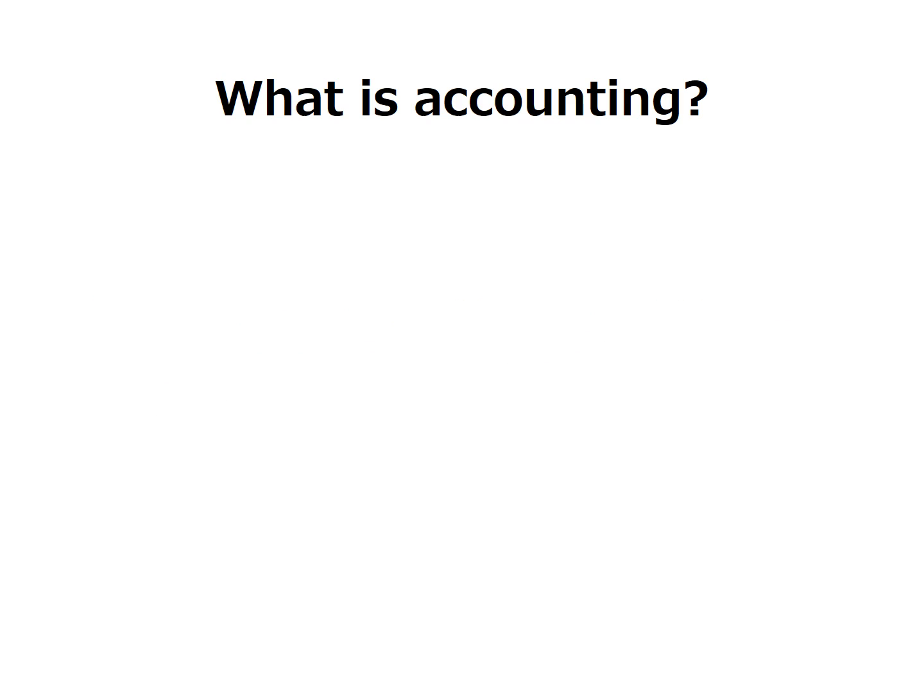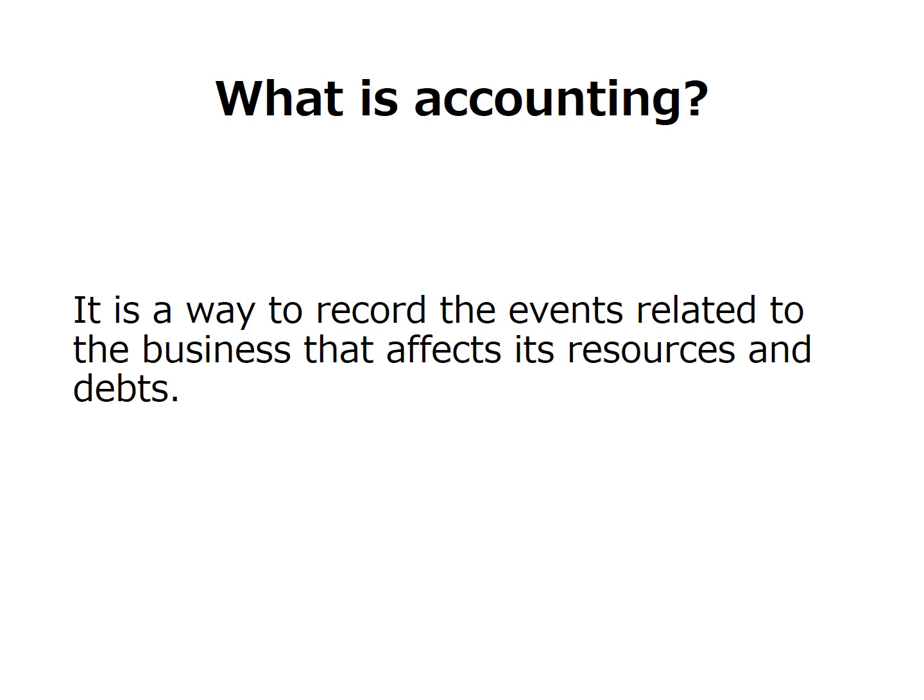Another definition of accounting is that it is a way to record the events related to the business that affect its resources and debts. Through accounting, we document these events related to the operation of the business. These events affect the resources and debts of the company.